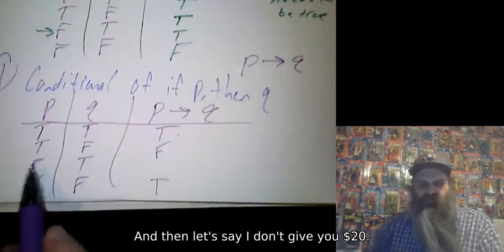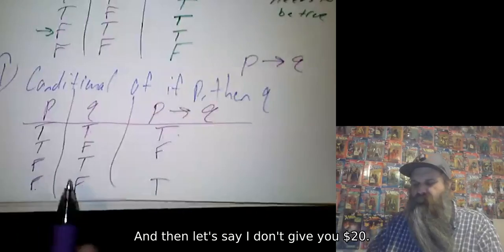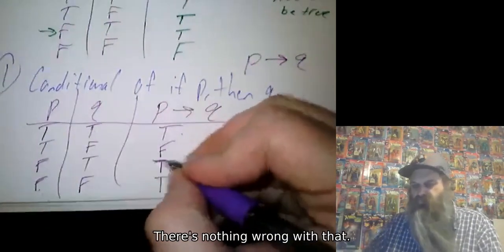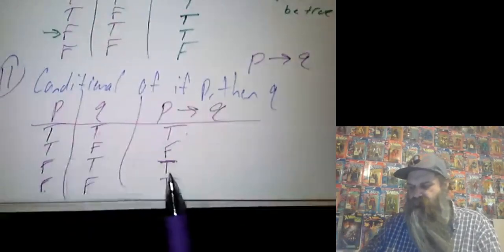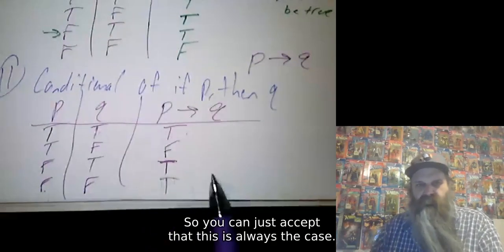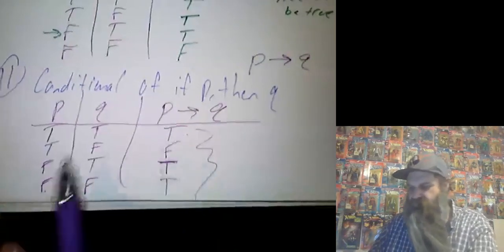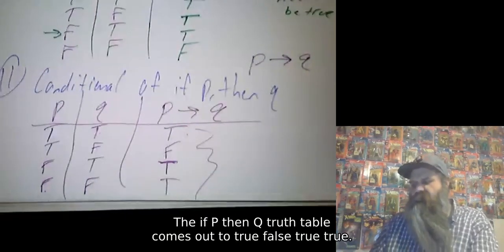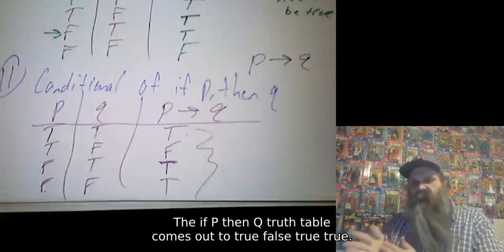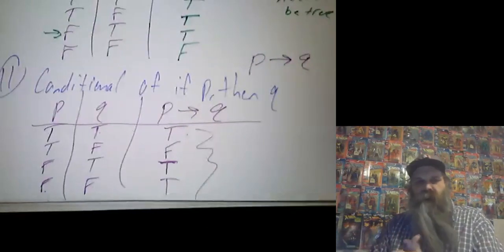And then let's say I don't give you $20, but you give me a ride anyway. From my perspective, there's nothing wrong with that. So you can just accept that this is always the case. The if P then Q truth table comes out to true, false, true, true.